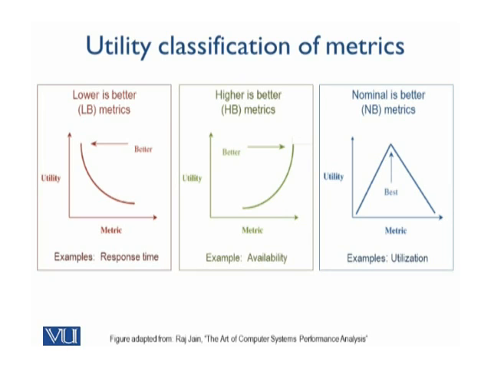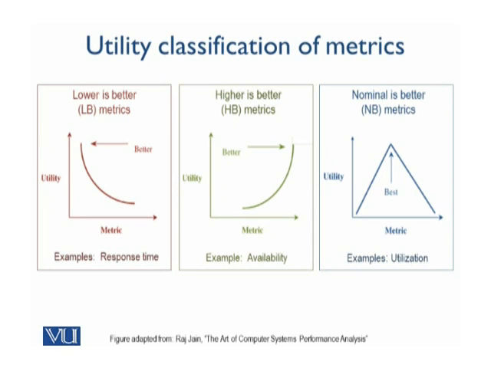इस केस में अगर metric की value कम है तो आप observe कर सकते हैं ग्राफ में कि उसकी utility ज़्यादा है, लेकिन जब metric की value बढ़ती है उसकी utility भी कम हो जाती है. So these are lower is better metrics. And you have the other kind which is higher is better metrics. उसमें you would like the metric value to be as high as possible. तो इसमें हमारा गोल होगा कि metric को हमने maximize करना है.